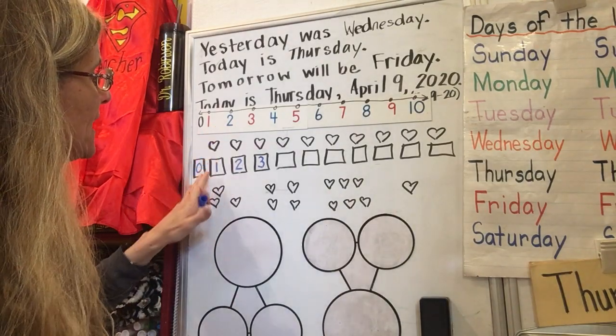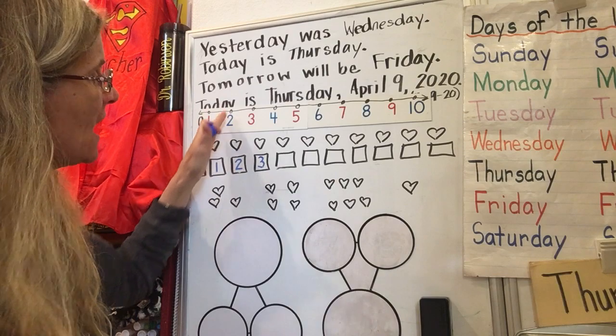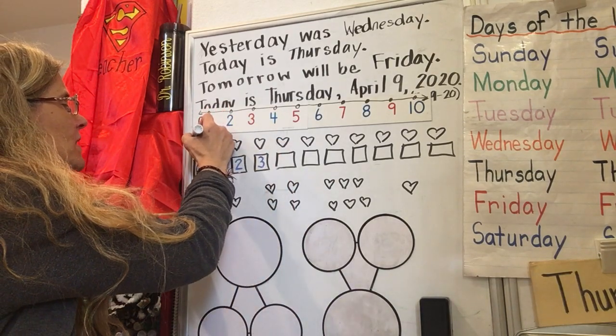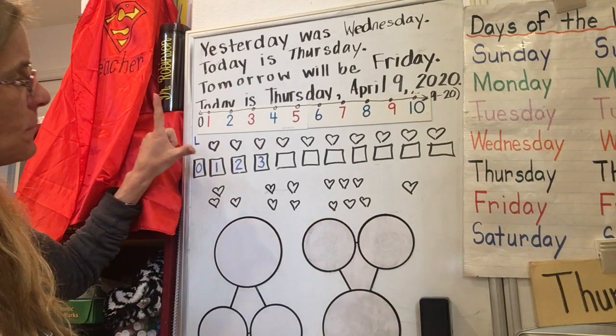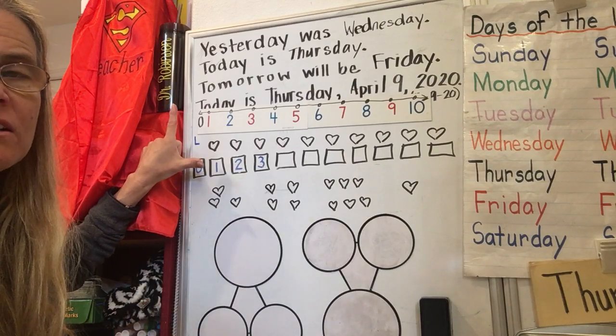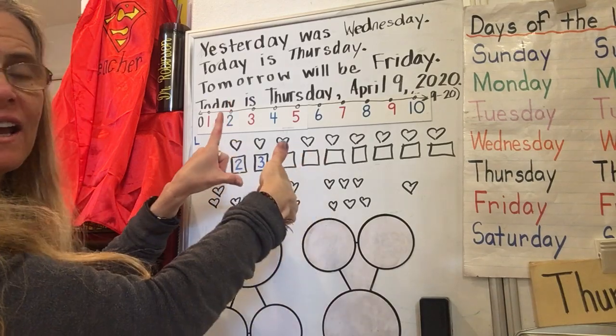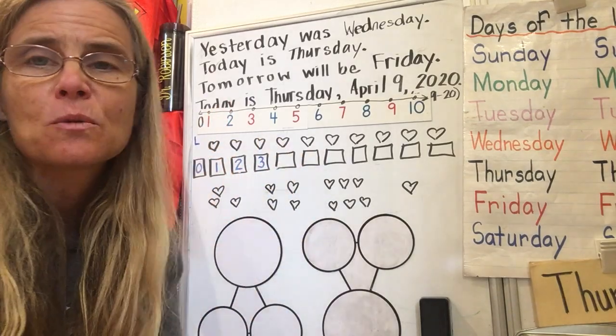So if I look up here, I have 0, I have 1, I have 2, I have 3. I want to make sure that I remember that this is the left, and I'm going to put my left hand up. Remember, L lives in my left hand. That's right.